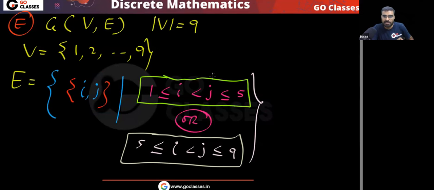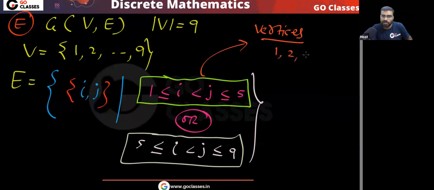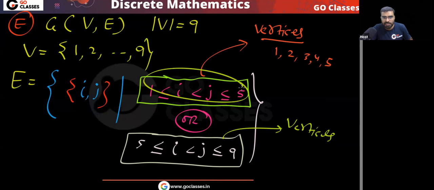Which vertices will satisfy this condition? You can consider the vertices 1, 2, 3, 4, 5 for the first condition, and for the second condition you are checking 5 to 9: 5, 6, 7, 8, 9.